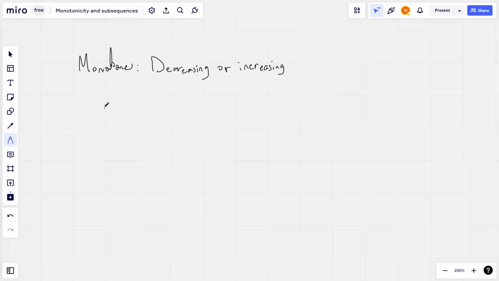So for example, let's say some sequence xn equals 1 over n. Now clearly we have 1 over 1, and then we have 1 over 2, 1 over 3, and as we increase our denominator, every term gets smaller. So we keep going and going, and this means it is monotonically decreasing.